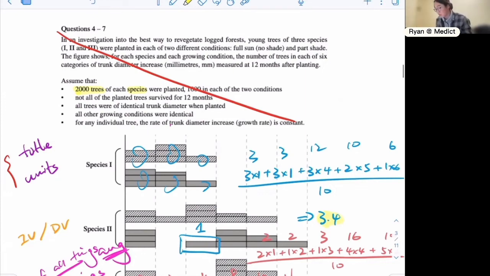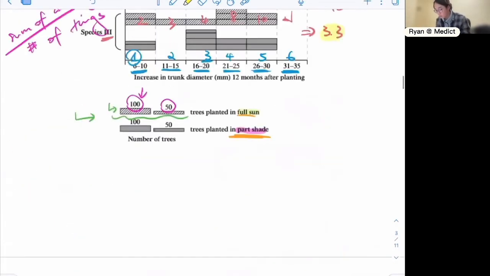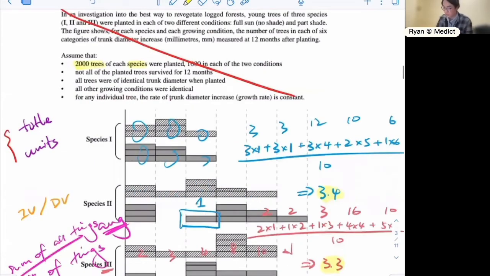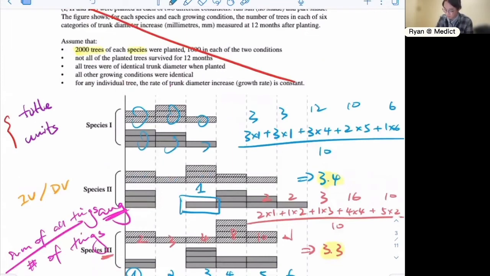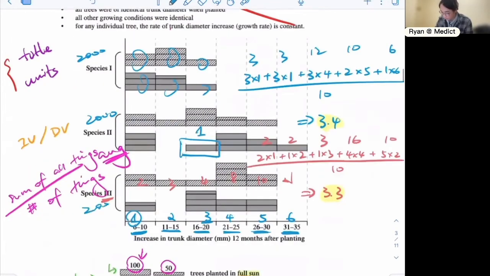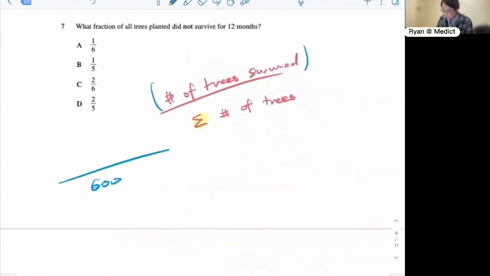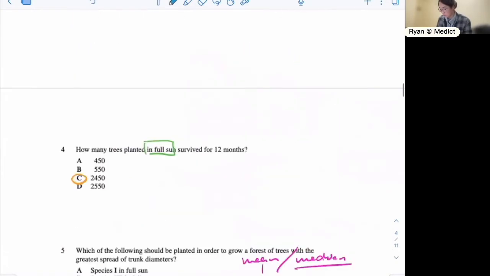And in this case, we are reading this background information with the intention to find the total number of trees. So we look for these keywords and instantly we can find that we have 2,000 trees per species. So what does that give us? We have 2,000 for species 1, 2,000 for species 2, and 2,000 for species 3. So what we have in total would be 6,000 trees.